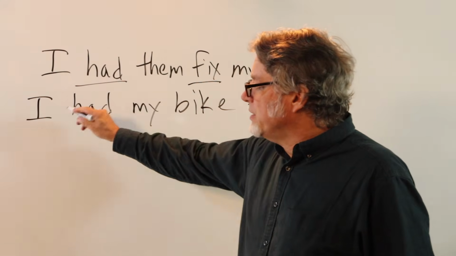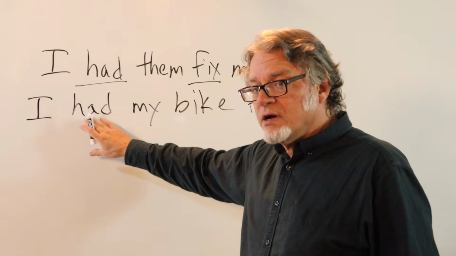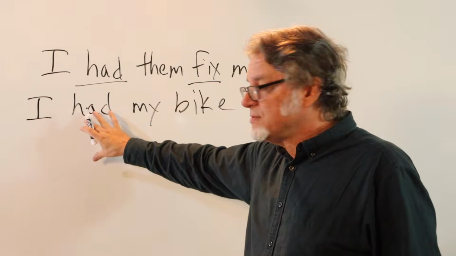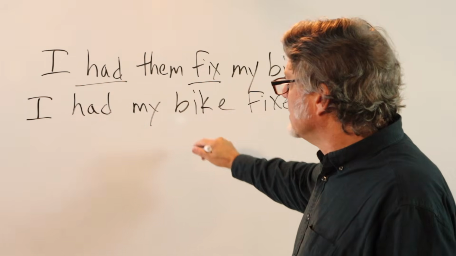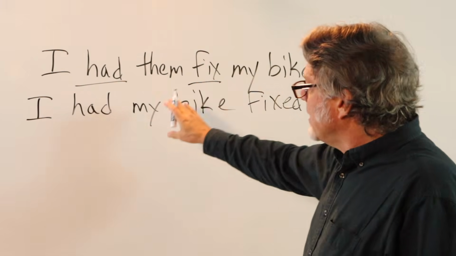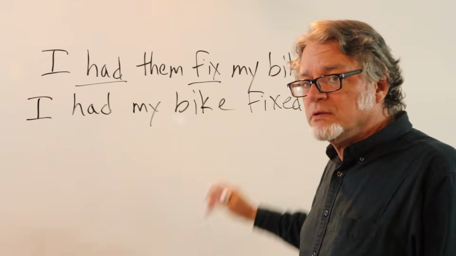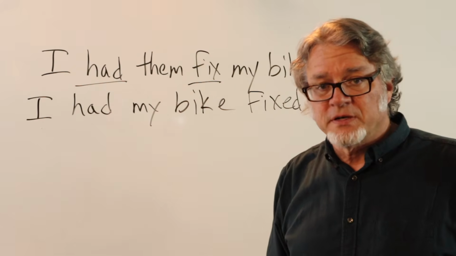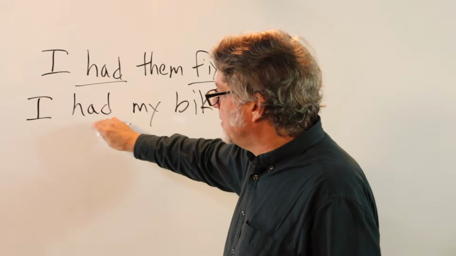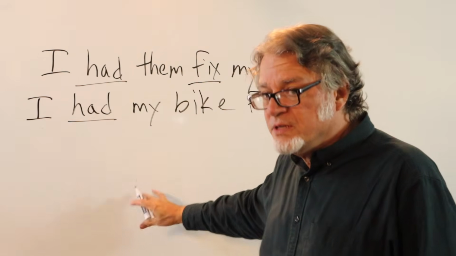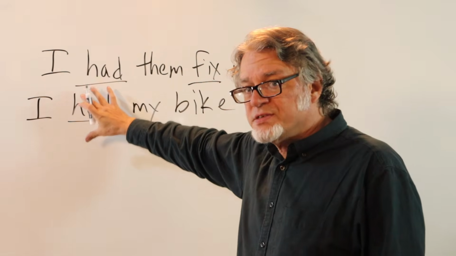Once again, here's the subject, here's the verb. It's in the passive causative within this whole sentence. This is the thing, and then here's the past participle. Do you see the difference? Here you have the subject, and then here's the verb. Up to this point, these two sentences are the same.